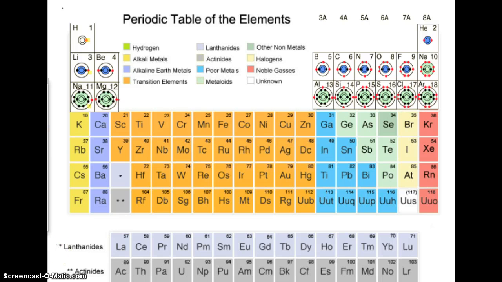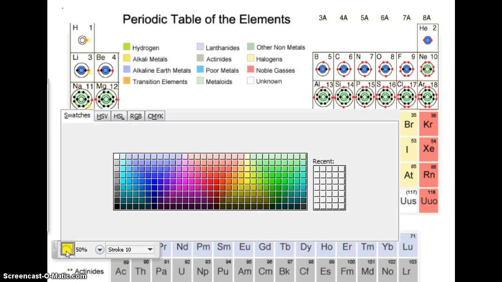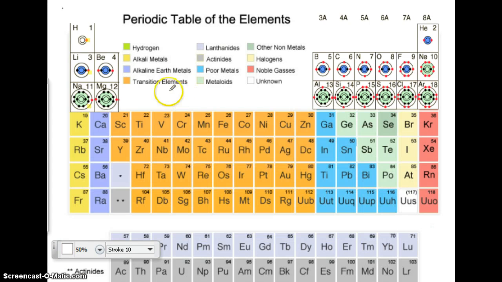So, for example, when we are talking about losing electrons, if I lose lithium's electron, not only do I lose that electron, but I lose that whole orbital around the outside. And when I lose that whole orbital, now the next orbital is my full outer shell.